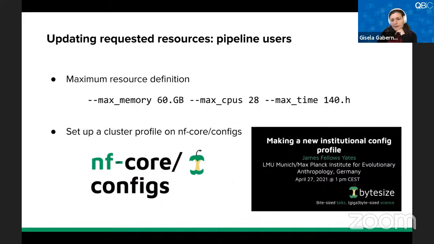And we've had already a bytesize talk about that. James from the Max Planck Institute in Vienna, Austria, already explained to us how to make a new institutional config profile. So have a look at that talk if you're not sure how to do that. And then the max resources would already be defined as part of this institutional profile.